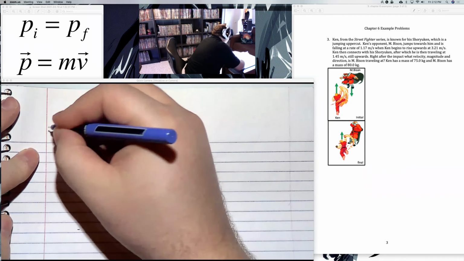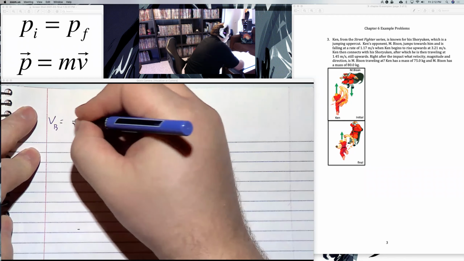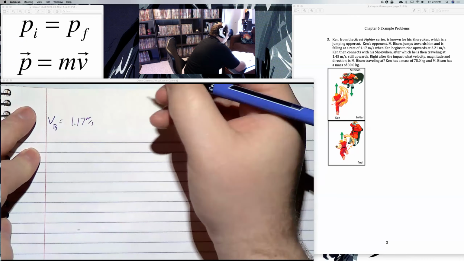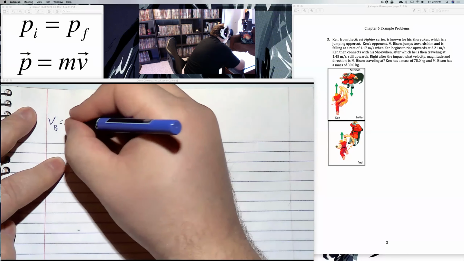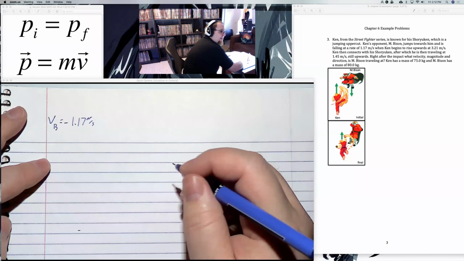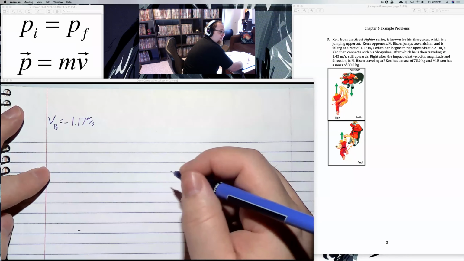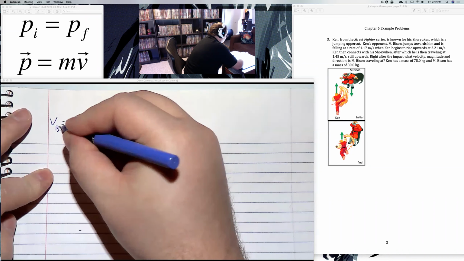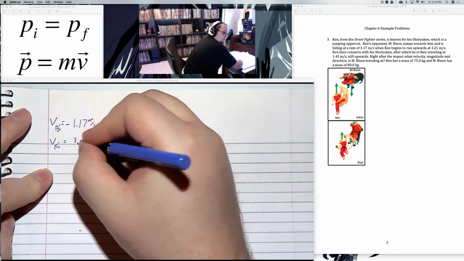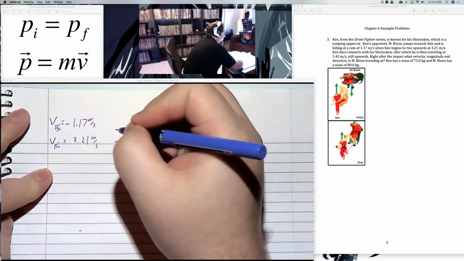That means the velocity, I'm just going to put B for Bison, is falling at 1.17 meters per second, but he's falling. That means he's going downward. It means he's moving in the negative direction. And while we're doing that, Ken begins to rise upwards at 3.21 meters per second. So the velocity of Ken initial is 3.21 meters per second.